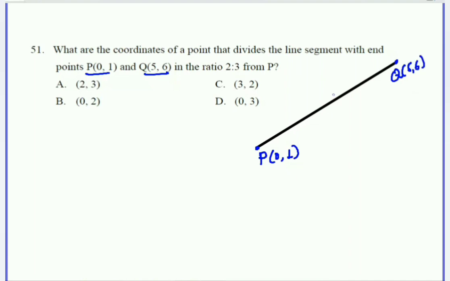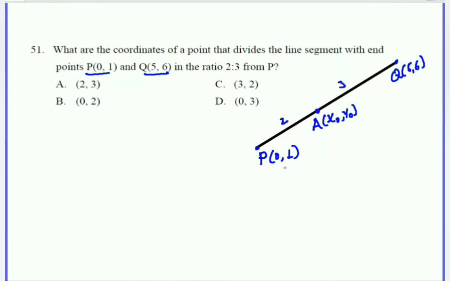Suppose the point that divides the given line segment, say point A, is somewhere here with coordinates (x0, y0). This point divides the segment in the ratio 2 to 3.